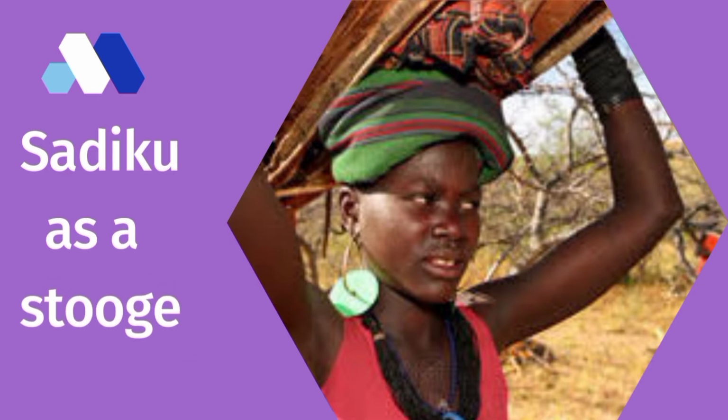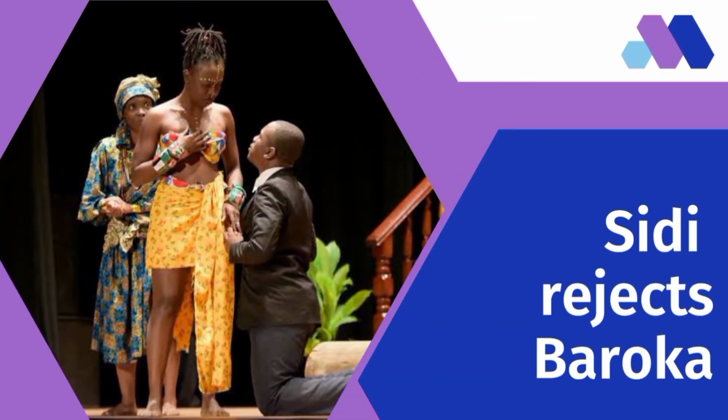The question we should be asking ourselves is why Sadiku, who happens to be the first wife of the sage himself, is the one trying to woo another woman for the husband. That's because in Africa, women are often stooges, as you can see in the life of Sadiku.